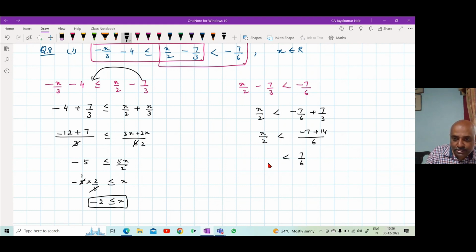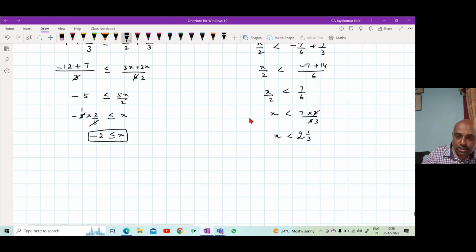So 7 over 6, x is less than 7 into 2 over 6. So x is less than 2 1 over 3. So this is the value of x.